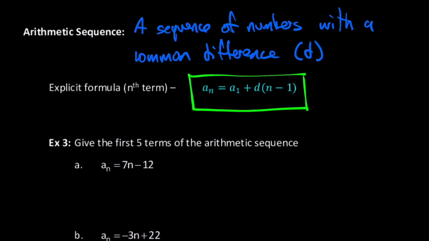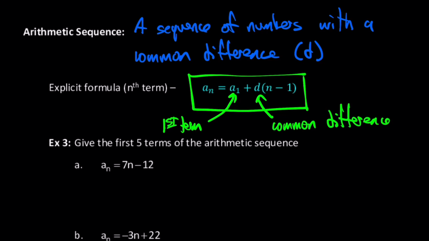Now, where do those numbers come from? Pretty straightforward here. A sub 1 is simply the first term in the sequence. D is called the common difference. And then obviously n minus 1, this number here is 1 less than your index number.